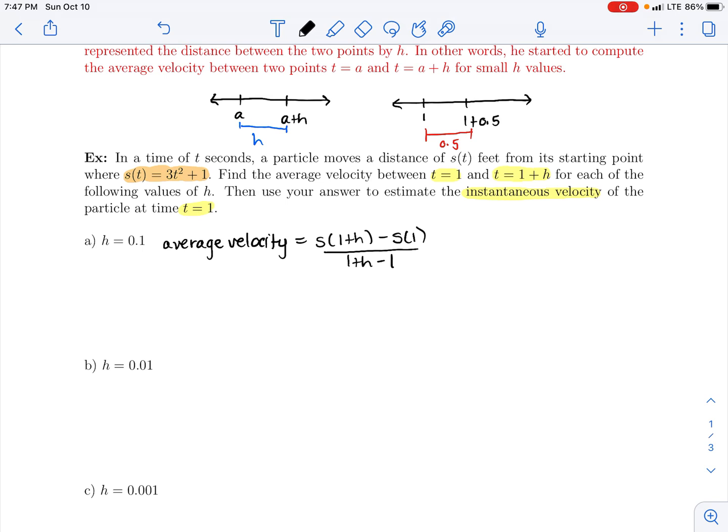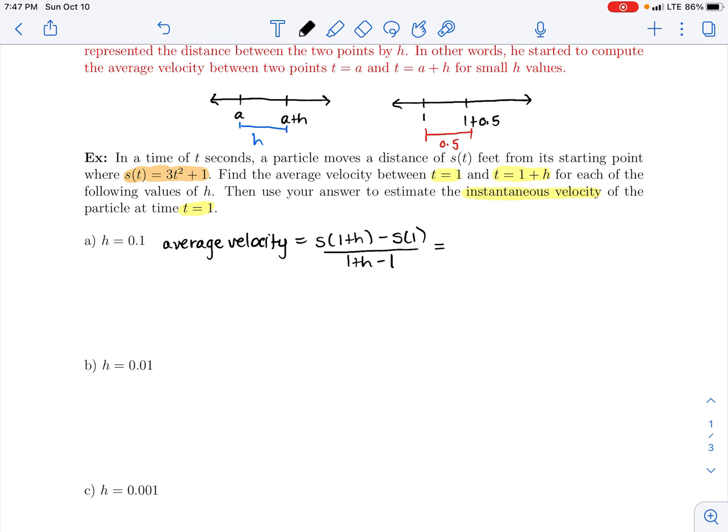Those are my two t values, t equals 1 and t equals 1 plus h. So I'm representing my average velocity as s of 1 plus h, 1 plus h plugged into the function, minus s of 1, and then all over those two t values, 1 plus h minus 1.